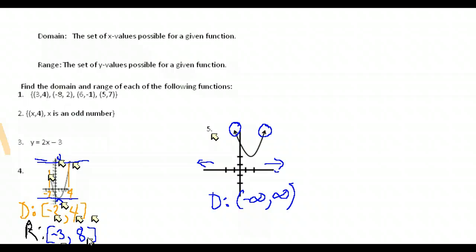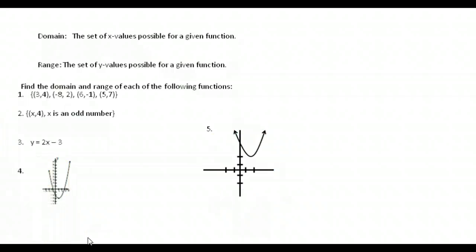I'm going to go ahead and erase so we can do our range. The range is the y values. So y values go up and down, so you're going to want to try to find your highest point and your lowest point. Well, the lowest point on the graph, I just missed, so I'll try again, is right there.